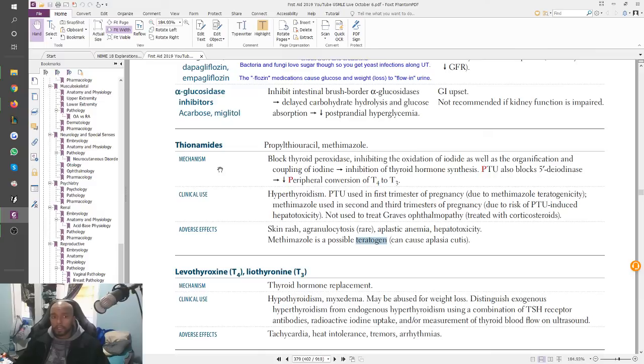I think the answers were like 2, 4, 8, something like that, and you had to pick one of the smaller numbers, but not 2. Either way, just remember PTU for the first trimester, and then methimazole for the latter two.